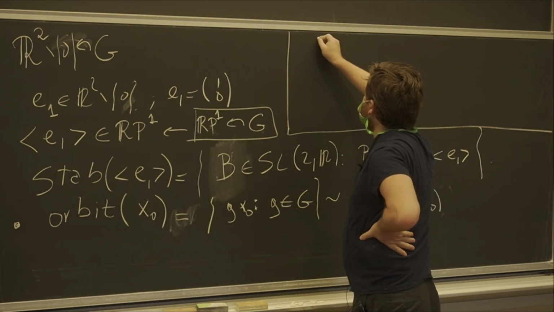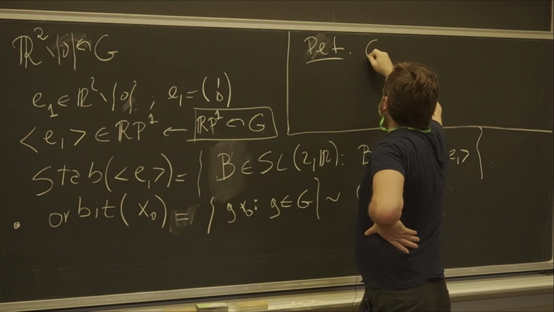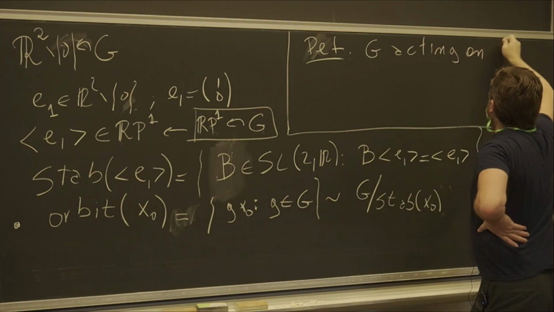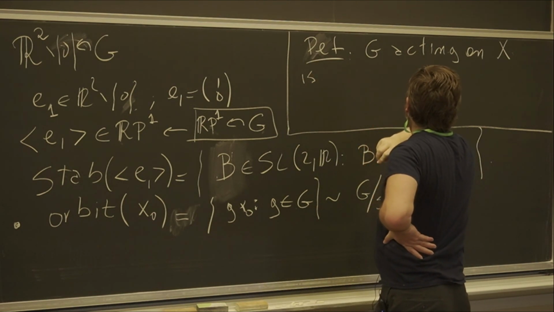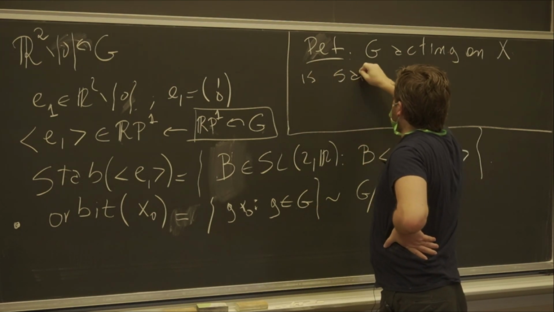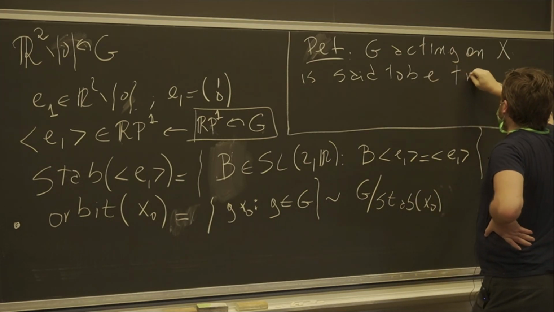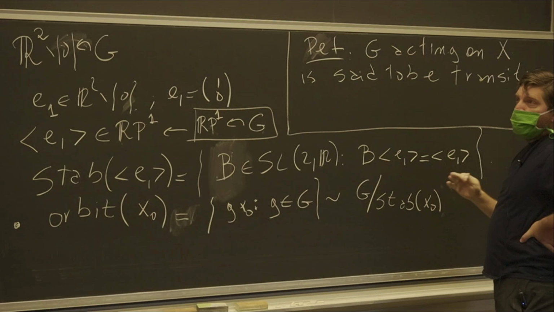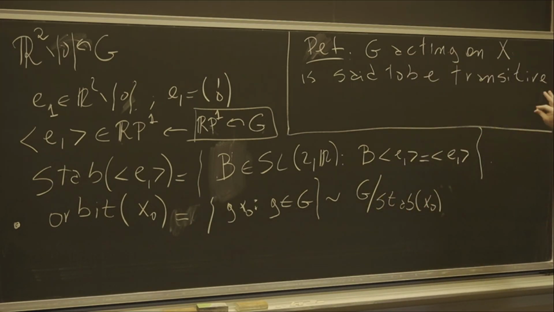So G acting on X is said to be transitive, and here is a standard definition, that's why I'm using it. In dynamics, we use the word transitive with a different meaning, but in actions, the word transitive is just for what I'm going to write now.